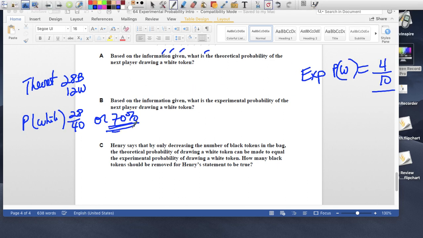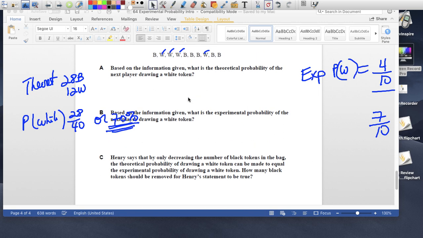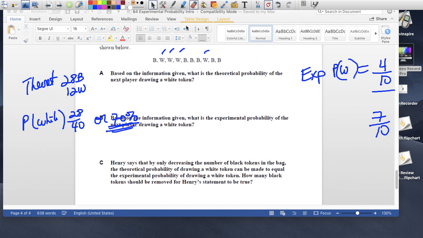So 70% was the theoretical, so I want my experimental to also be 70%, or 7 out of 10. So how do I change this? Well, he's saying that the only way to change it was to decrease the number of black tokens. So he has a point here.